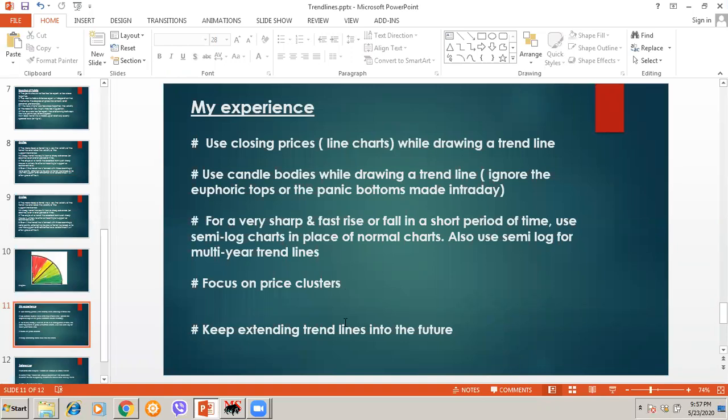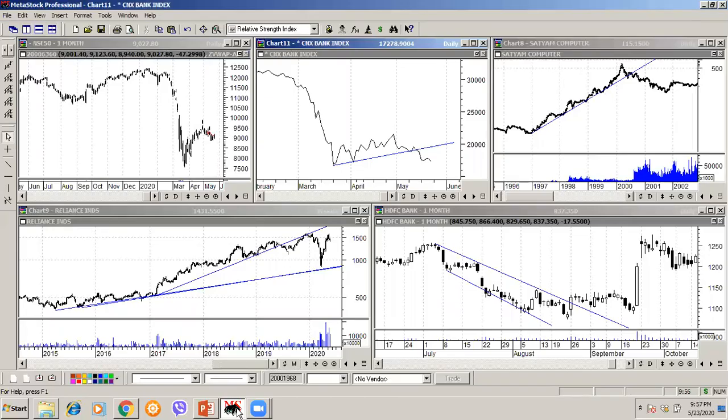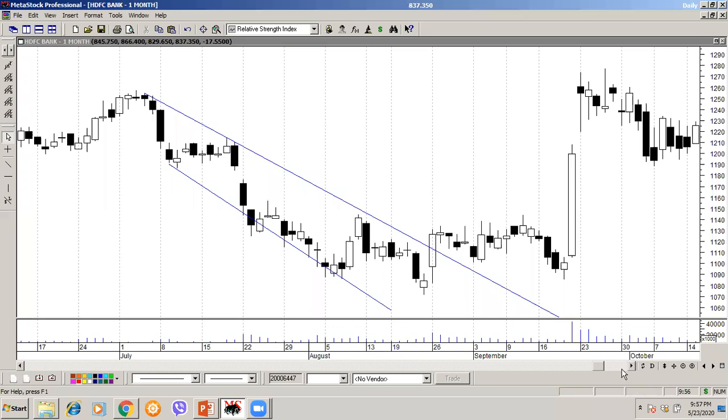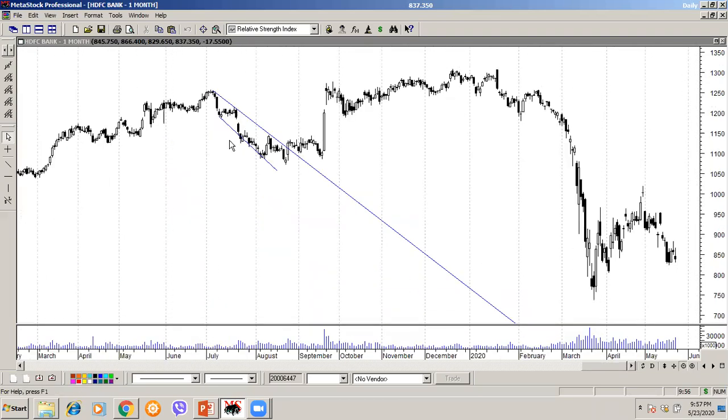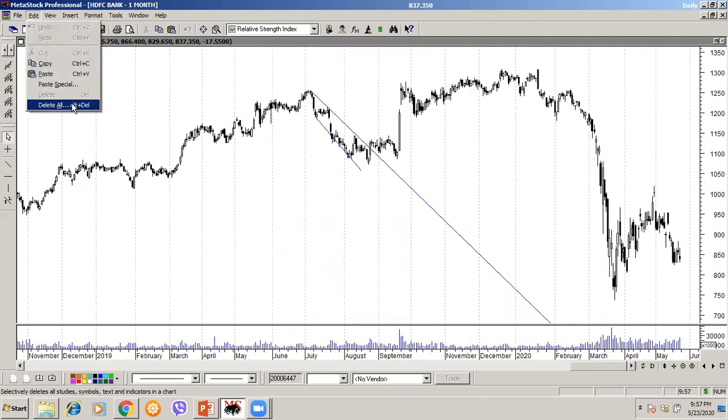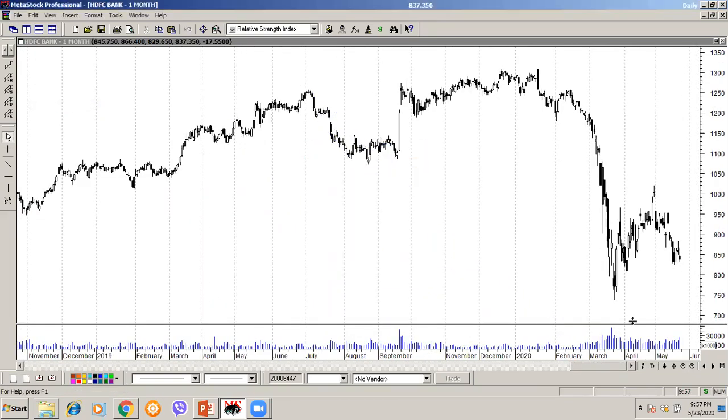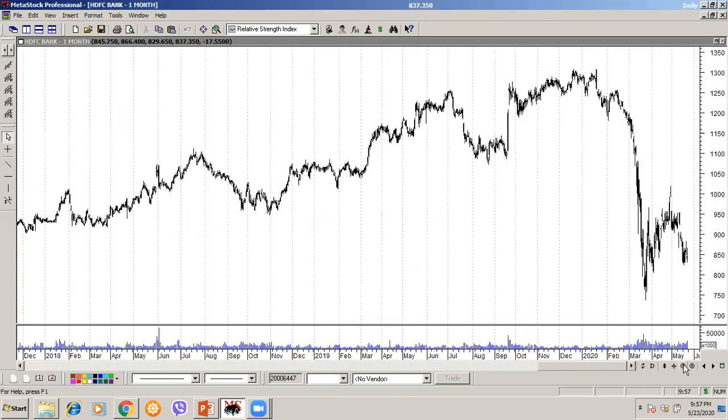Okay, another point is focus on price clusters. What do I mean by price clusters? What I mean by price clusters is, which chart did not touch? Okay, HDFC Bank. Chalo. Price clusters means just, okay, let's take this place.